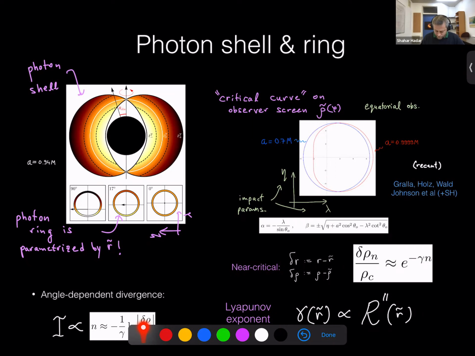And this is, by the way, observed from very close to the equatorial plane, where you can see the deformations of this critical curve in the strongest way. And this red critical curve is the one for very high spin. So we have 490. Usually people think of this as too high to be realistic.